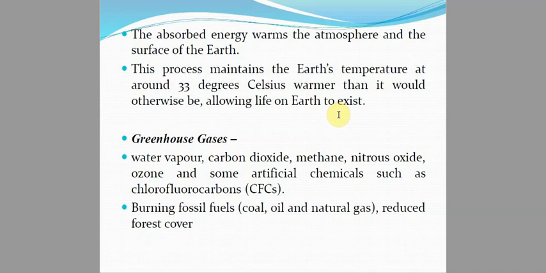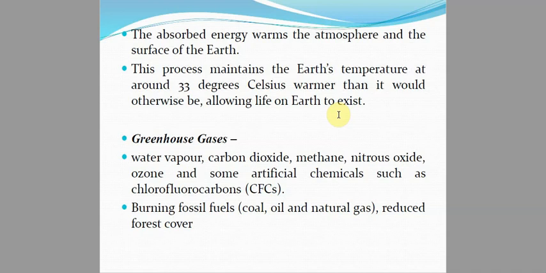What does this mean? Without the greenhouse gases, the temperature of Earth's surface will be 33 degrees Celsius less than the current temperature. So actually these greenhouse gases are helpful to the human existence.